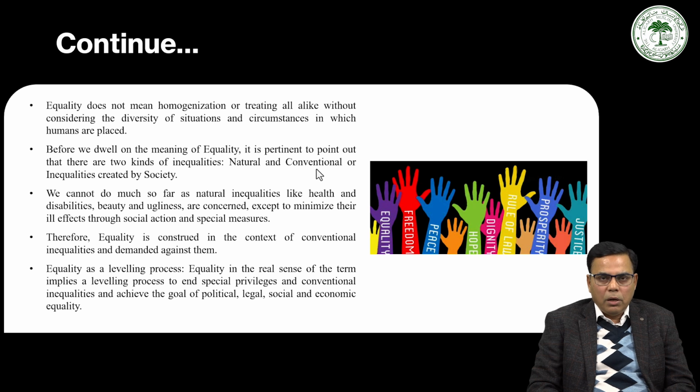If these are natural, then society cannot do much so far as removing this disability or the sufferings of these people. But yes, through social action, through better policies by the state and by the society, the ill effects of these natural inequalities can be mitigated to an appreciable extent.